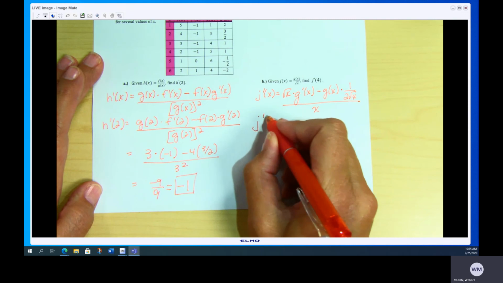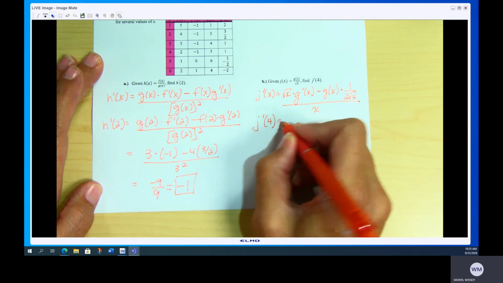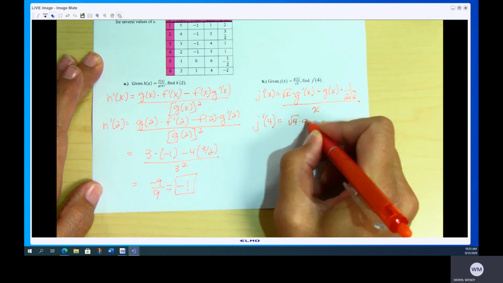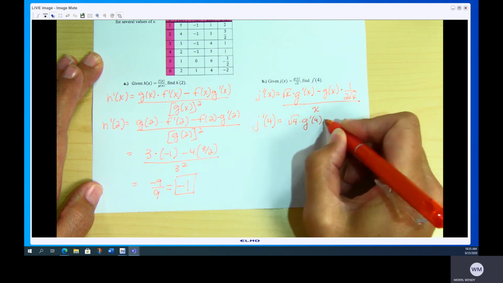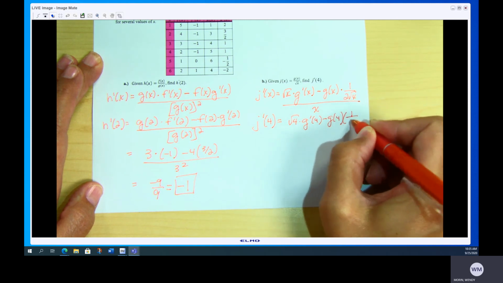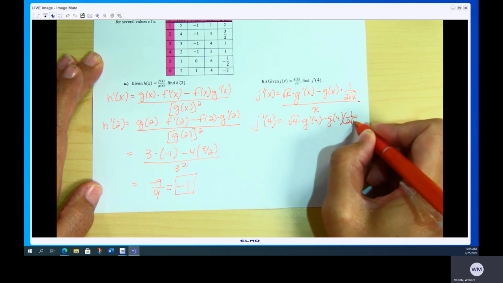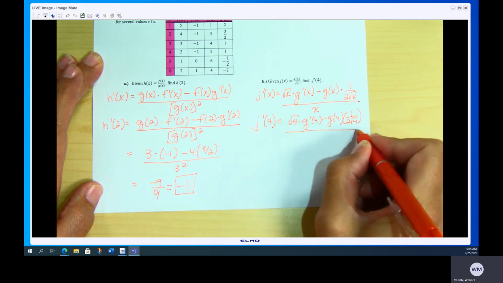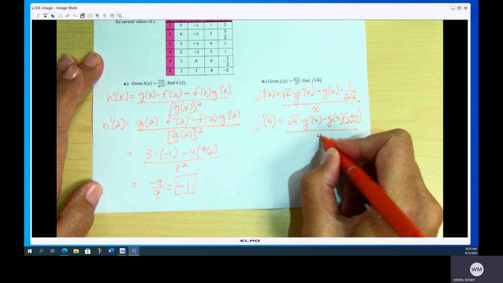So we are evaluating that derivative at 4, the square root of 4 times g prime of 4 minus g of 4 all over 1, or times, 2 square roots of 4 all over 4.